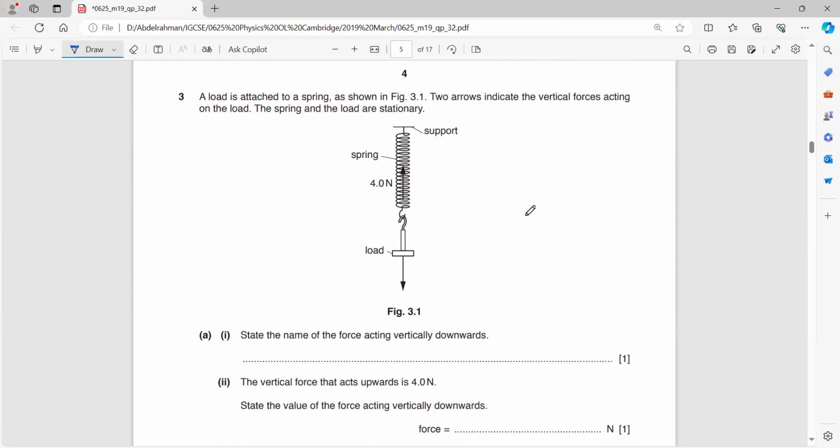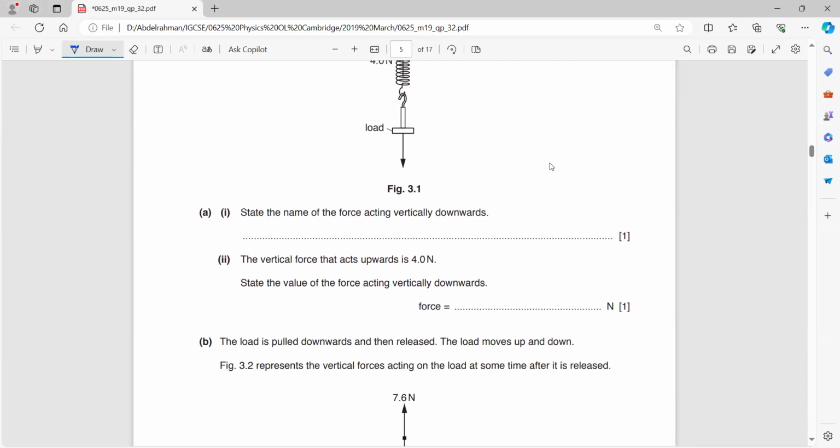State the name of the force acting vertically downwards. It is weight. Usually gravity is wrong, so we'd better write down weight. The vertical force that acts upwards is 4 newtons.